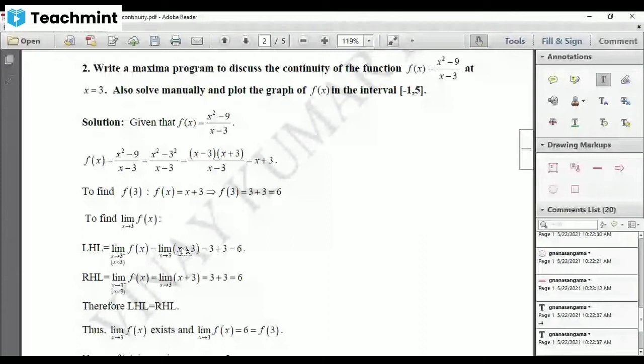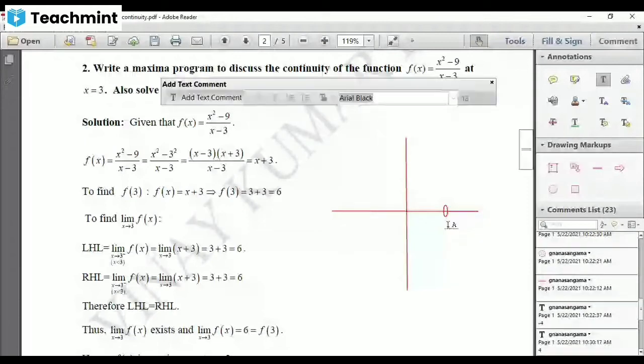Your x plus 3, the denominator is 1, so you are not going to get infinity or indeterminate. Now if you give x equal to minus 3, for example, minus 3 plus 3 will be 0, so the height will be 0. Okay, so you are having a graph like this. Let me draw the graph so that you will understand this very easily. This is the point 3.